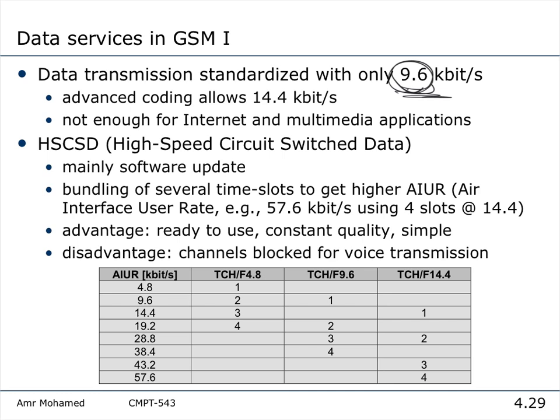The first introduction to 2.5G was what we call high-speed circuit switched data. By circuit switched data here, we mean that we still rely on the core of GSM being circuit switched, but we need to provide a higher speed. So how can we do this with minimum changes to the architecture?